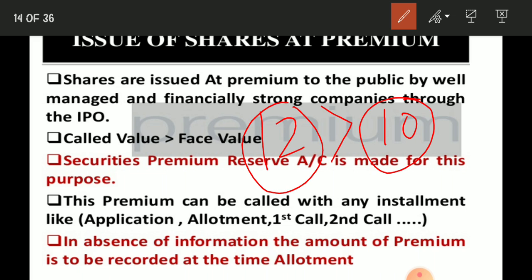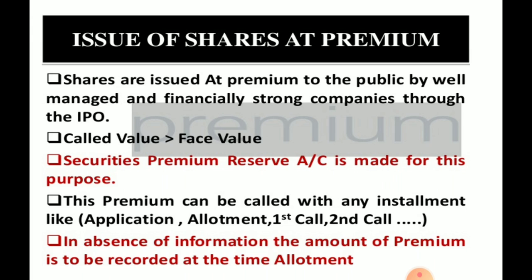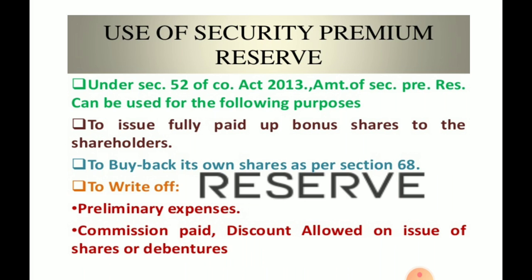So 2 rupees, that is extra, is treated as a premium. Okay. The security premium reserve account is made for this purpose. The premium can be called with any installment like application, allotment, first call or second call. In absence of information, the amount of premium is recorded at the allotment time, that is the second stage.